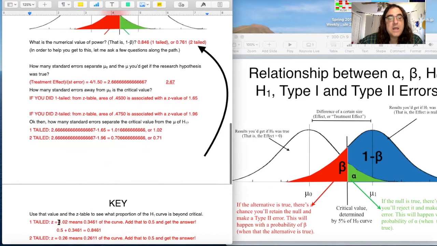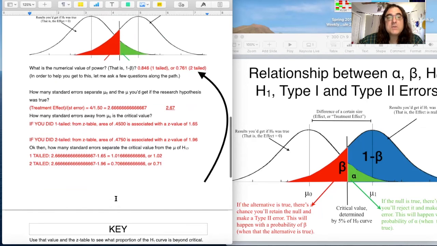If you do that, a z of 1.02 will give you 0.3461 of the curve. So that's this chunk right here. Add it to 0.5 right here, and together they come to 0.846. That is the actual power for the one-tailed version of these assumptions.